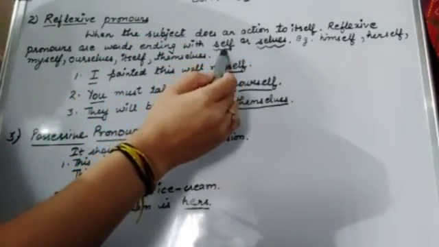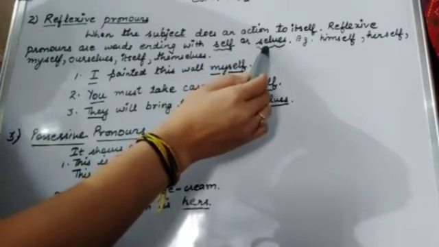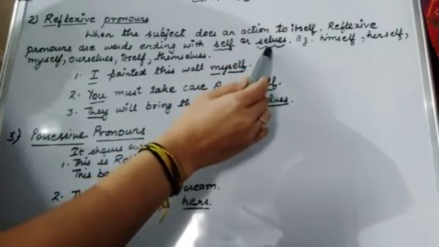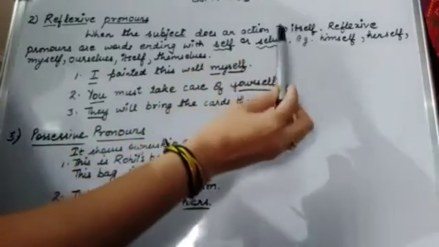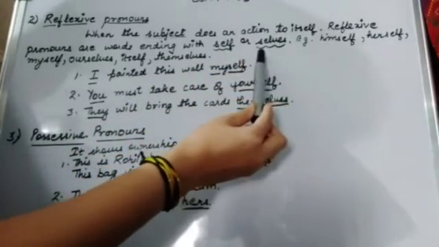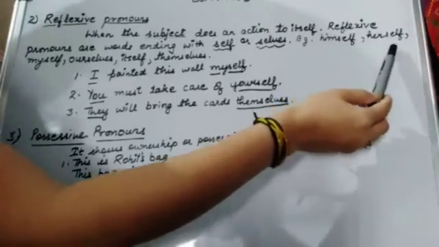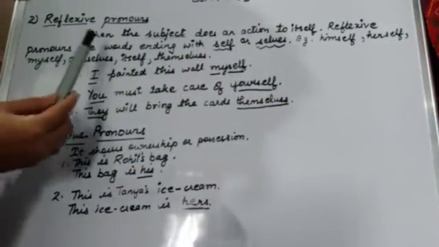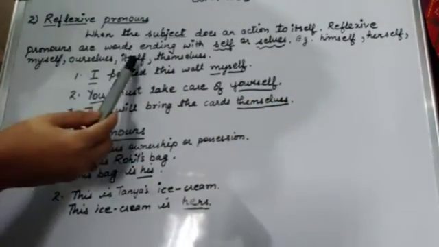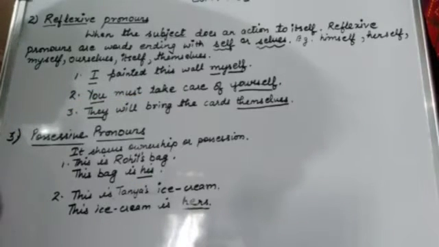For singular it is self. For plural it is selves. You can see VES over here. So himself, herself, myself, ourselves, itself and themselves, they are all reflexive pronouns.